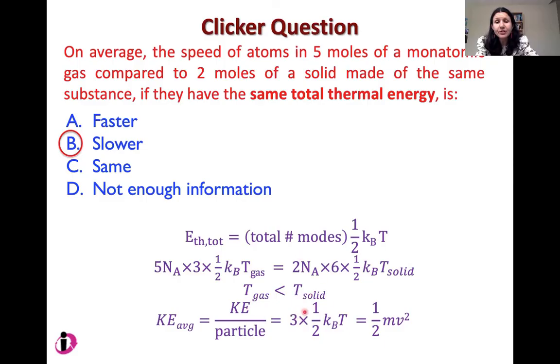So although the temperature is smaller, you would think, okay, speed has to be slower. But if the ratio of the masses is significant enough, then that effect might be dominating, resulting in actually the gas particles moving faster. So you have to, in those cases, take the mass into account too. Here we didn't need to, because again, we're talking about the same substance, so same mass.